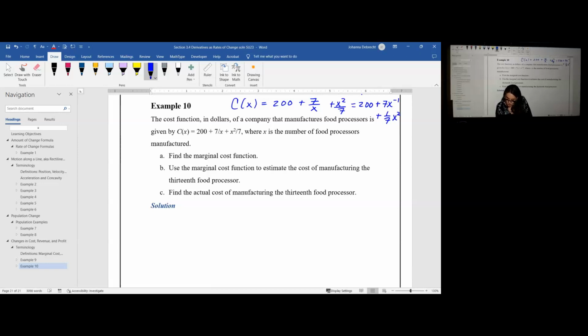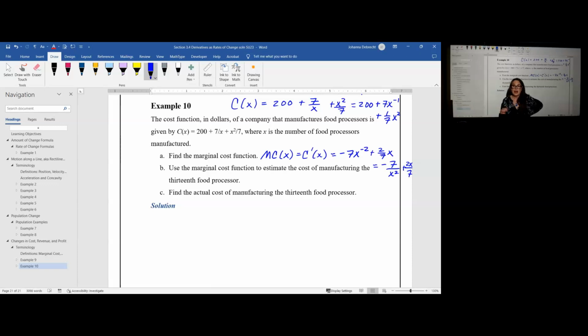Now I'm going to find the derivative, and that will give me the marginal cost function. The derivative of 200 is 0. Applying the power rule to the next terms, I get negative 7x to the negative 2 plus 2/7 x. This can be rewritten as negative 7 divided by x squared plus 2x divided by 7.